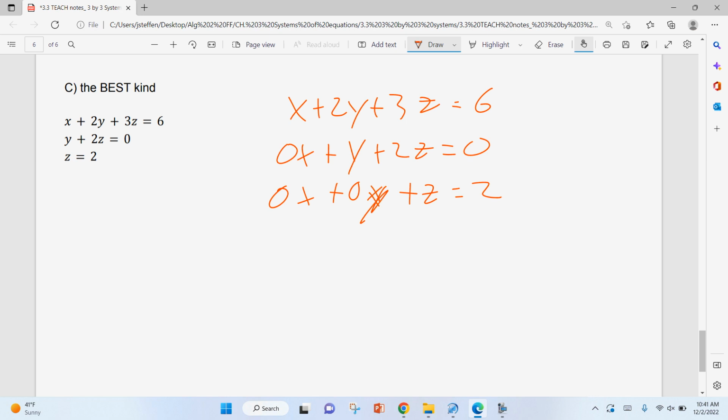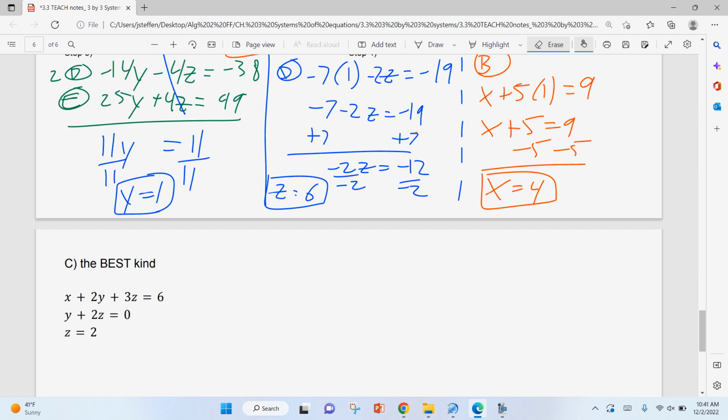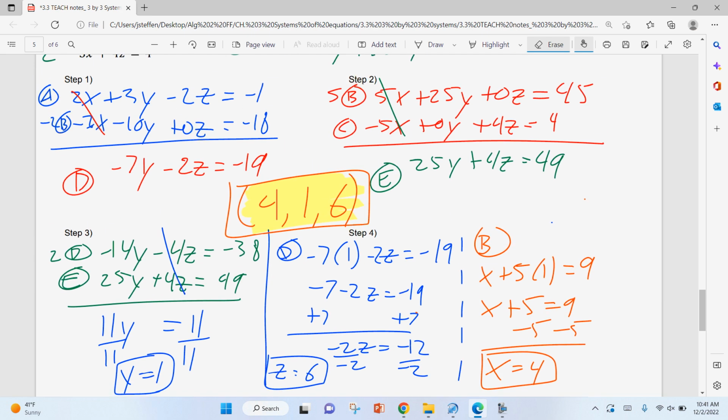But instead, I just want to make sure you guys realize this. If you look at every other problem we have done, we work so hard, we do 3 full steps of borderline torture before we finally get what one of our variables is equal to. And once we have that, then it's not as bad.